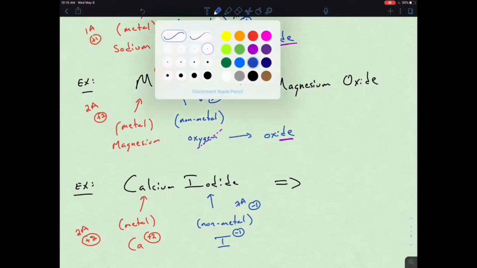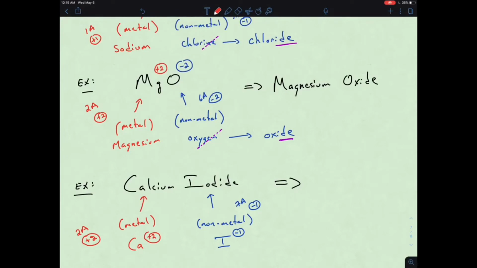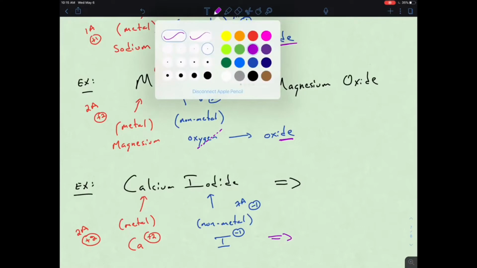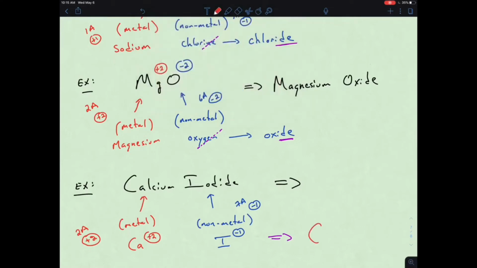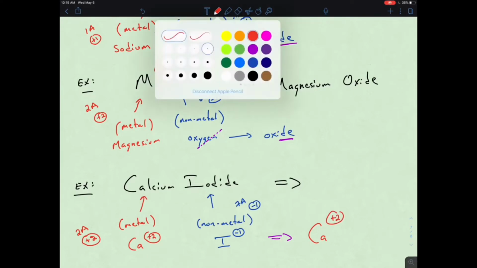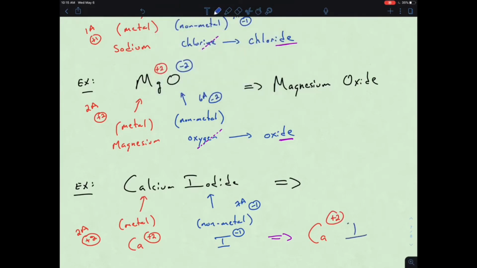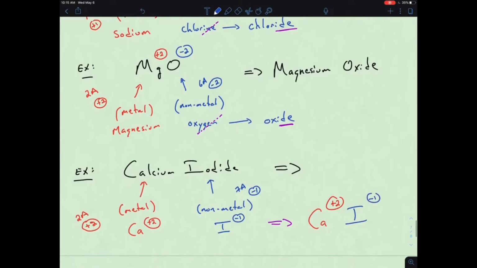So in going to the formula, we would want to have our calcium, that's +2. We have our iodide, which is -1, but we need to balance the idea of charge.